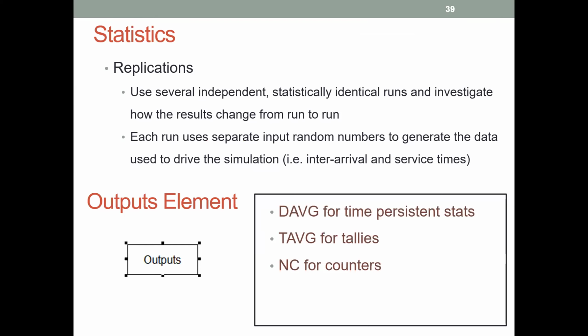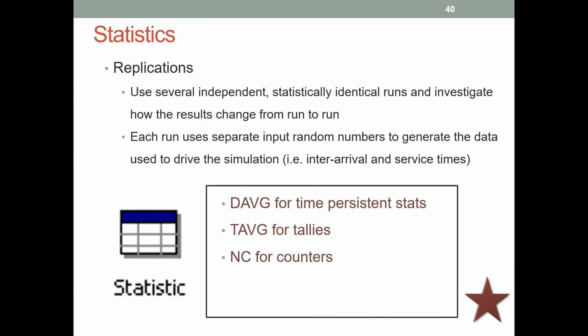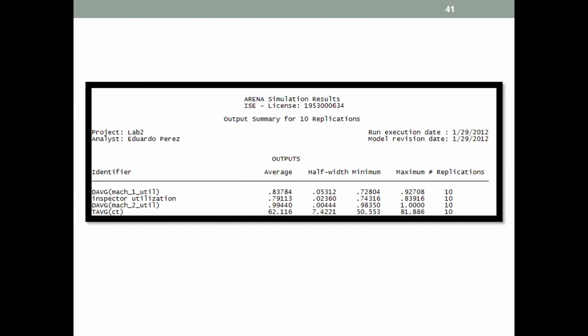Okay, so for the statistics with multiple experiments to generate that output report, we've been using the outputs element block. Now we don't have to use a different or separate entity to do that. We can code everything here in the statistics module to generate this output report.